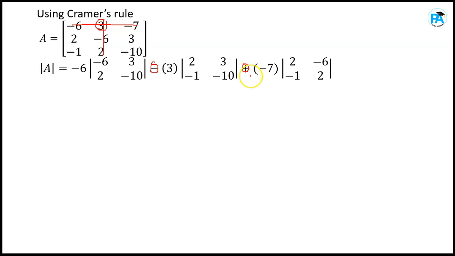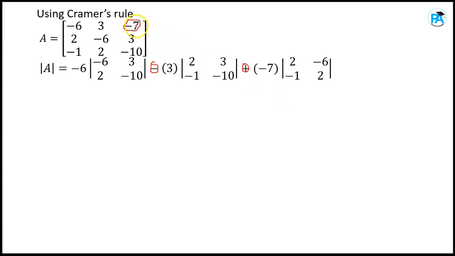Now then after that, let me clean this so that we can do that. So you also take plus. Then you take the next value. The next value is what? -7, isn't it? Then use it to multiply the determinant of its minor.